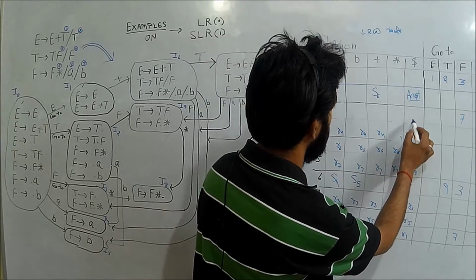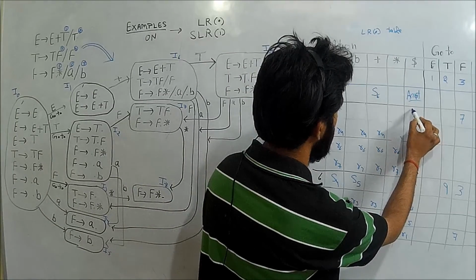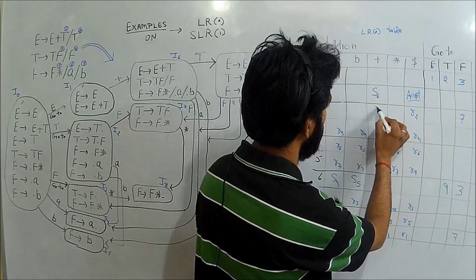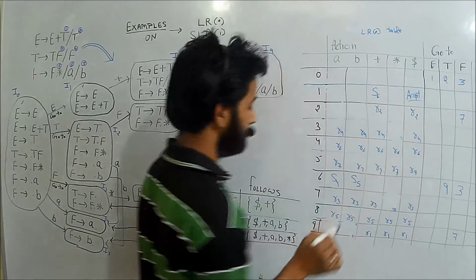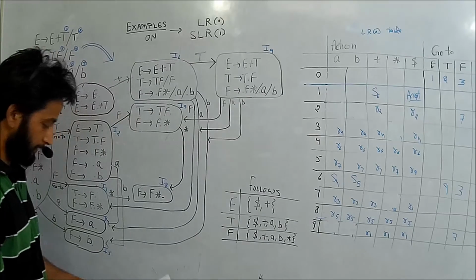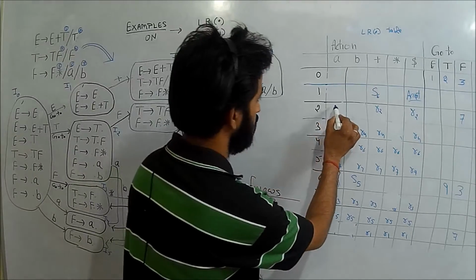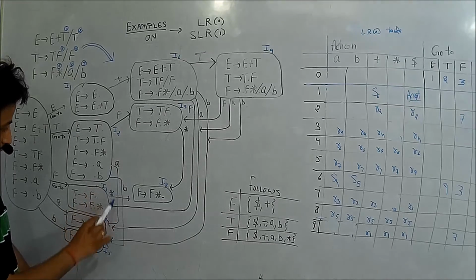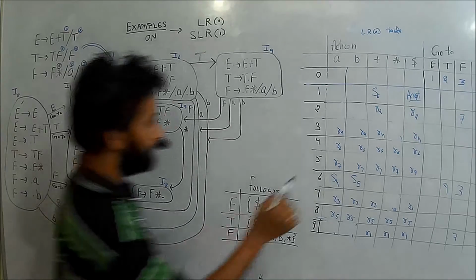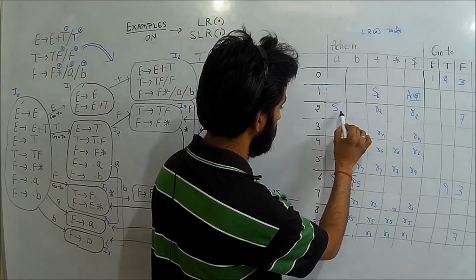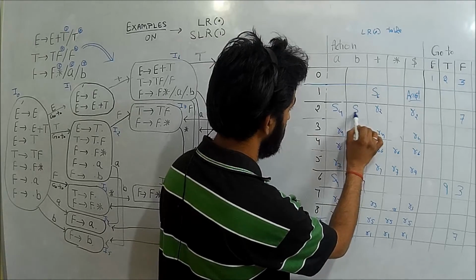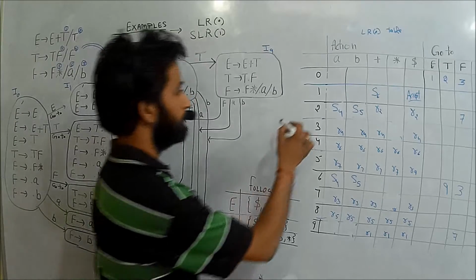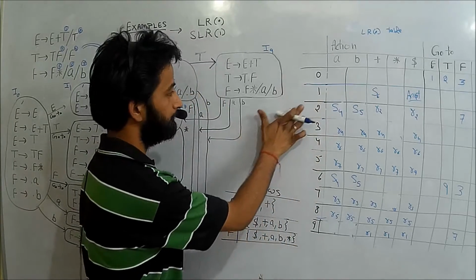So I will place the reduce move R2 and R2 here. Then for A and B the shift moves remain the same, S4 and S5. Okay, so this is okay for this.